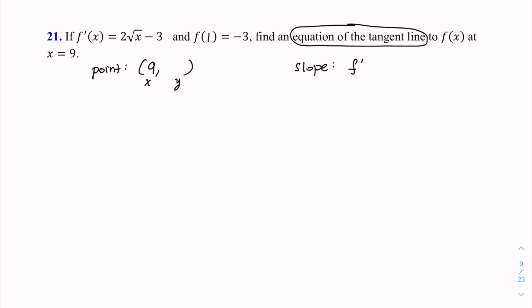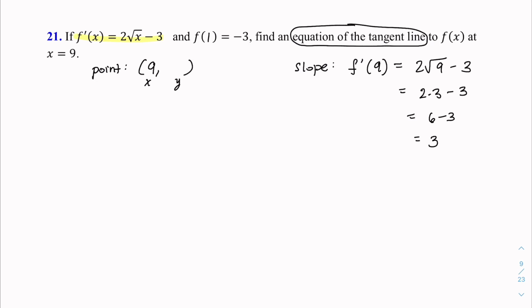So we want f prime of 9. Well, the slope is easy enough because they gave me f prime right here. So all I have to do is plug in 9. So f prime of 9 is going to be 2 root 9 minus 3, which is 6 minus 3, which is 3. So that's going to be my slope.